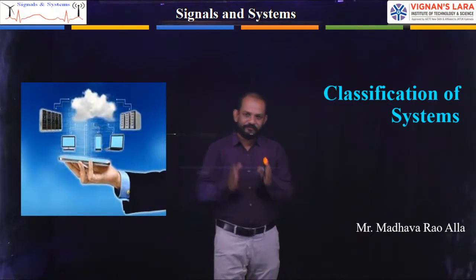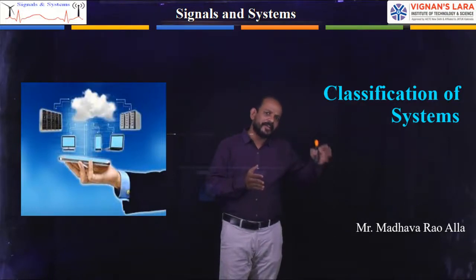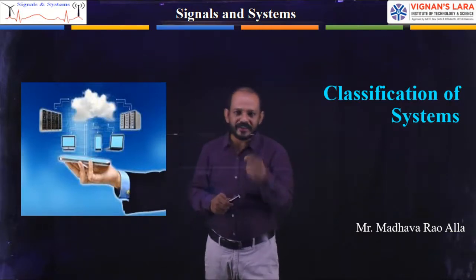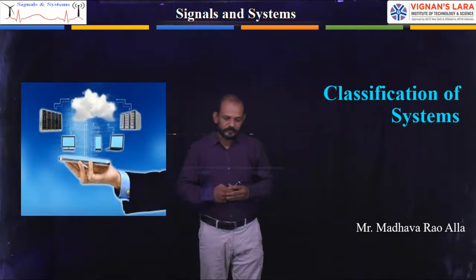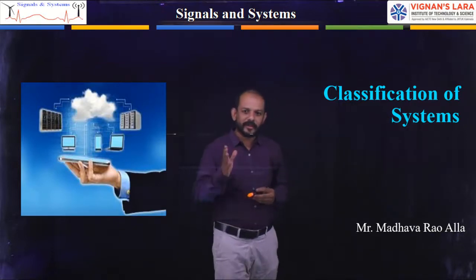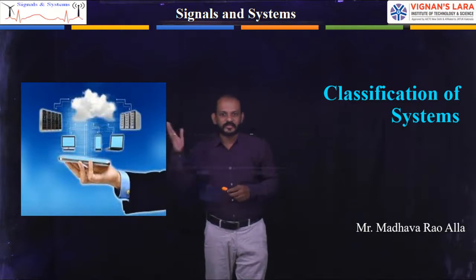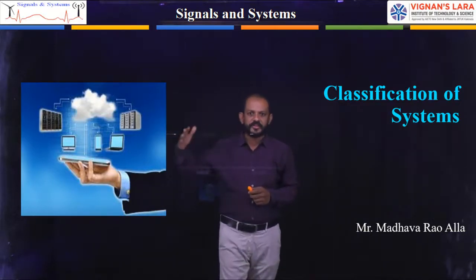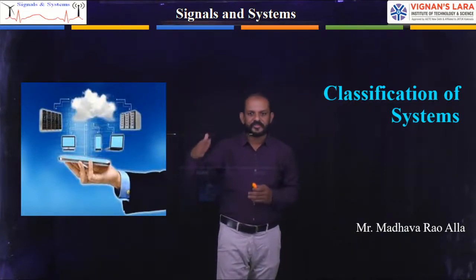Now right from now onwards, the remaining classifications and the remaining topics in signals and systems, I am going to explain using the glass board. So what are the remaining classifications of systems except those three? Continuous and discrete time, linear and non-linear, time invariant and time variant are finished.